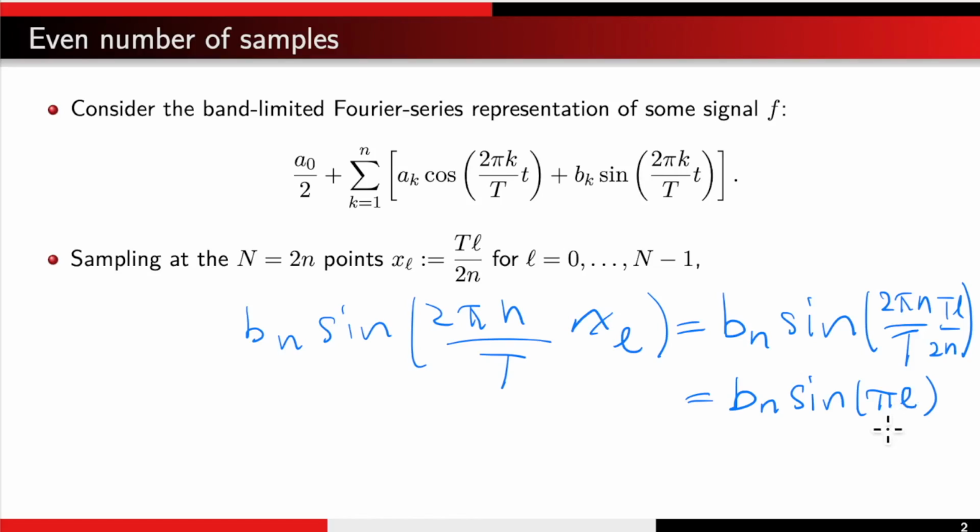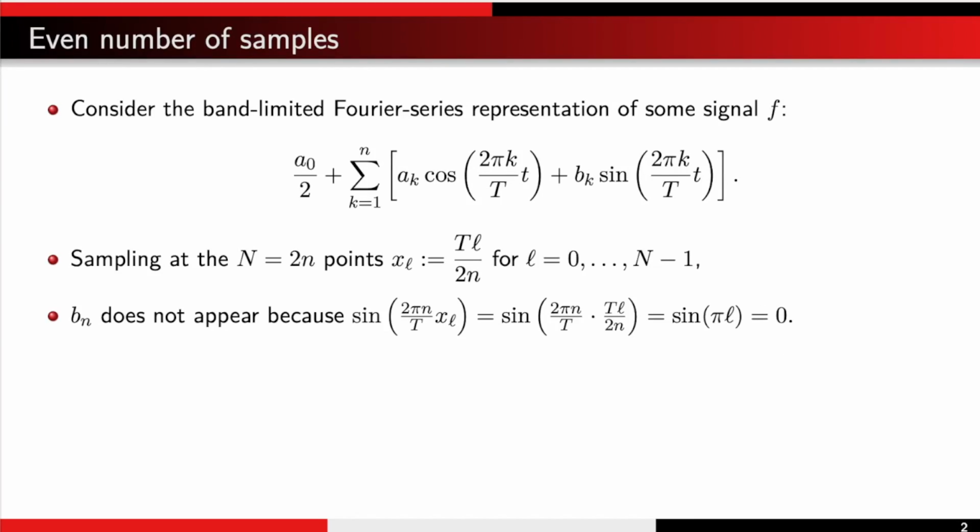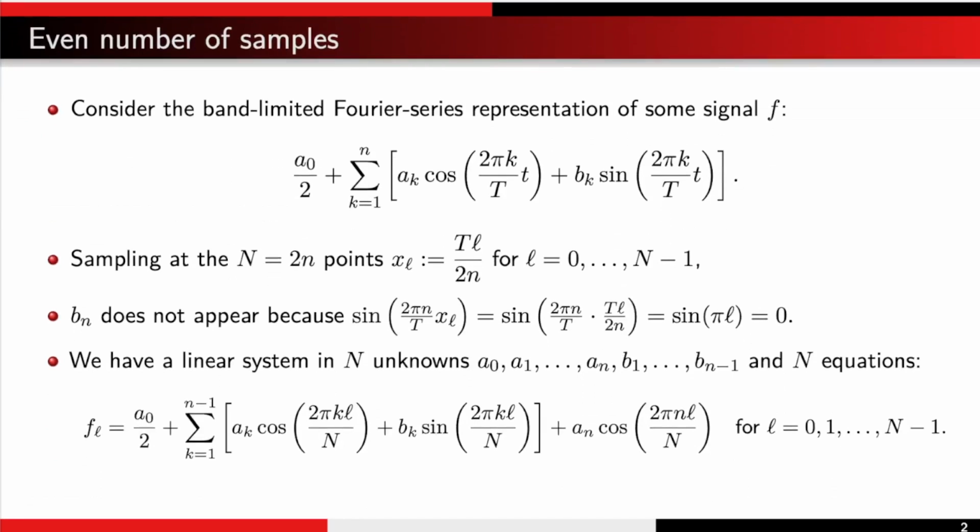And since l is an integer, sine of pi l is 0. Since bn does not appear, the unknowns are only a0 to an and b1 up to bn minus 1. And we end up with a linear system in capital N unknowns and capital N equations.